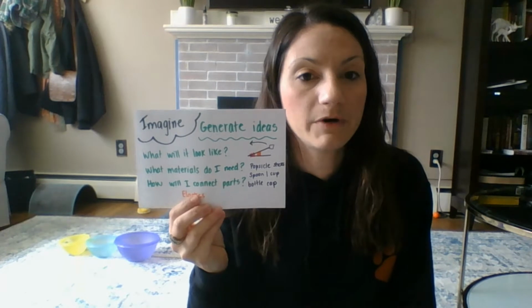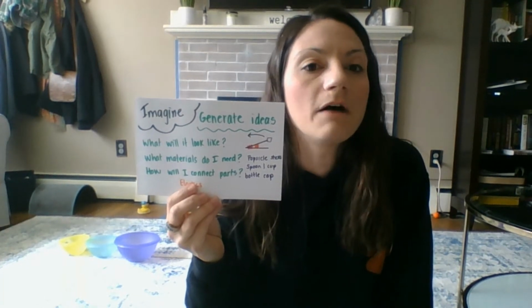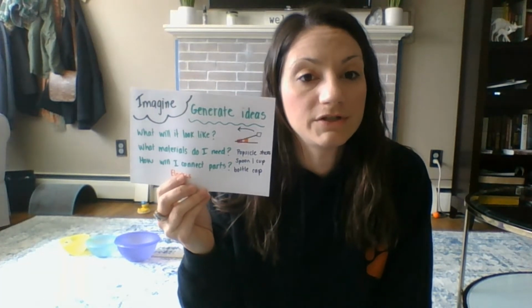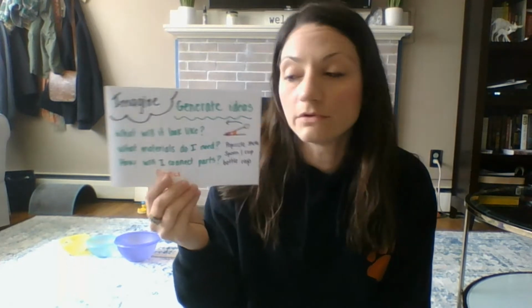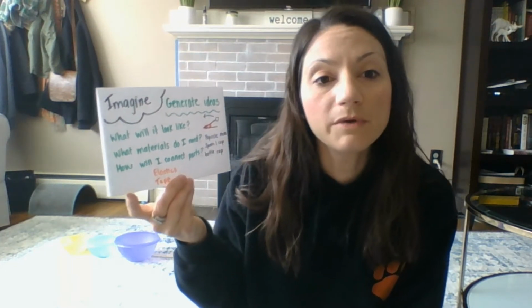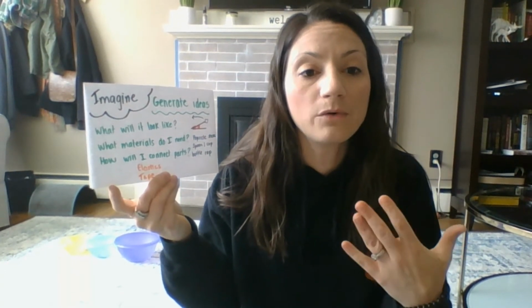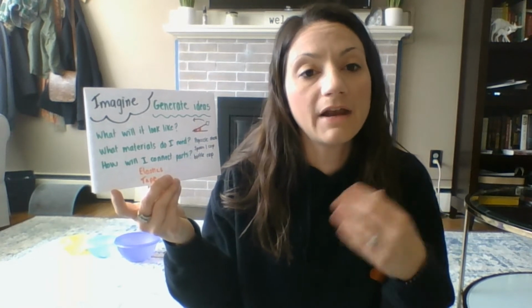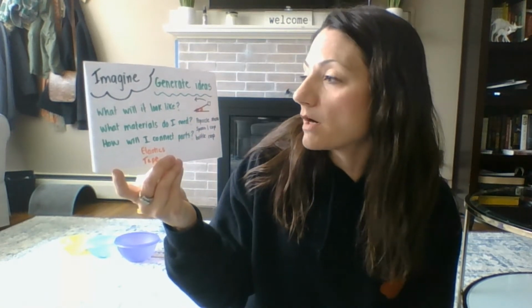So the next step, after we know what our design challenge is, we know what we're trying to build, we're going to start to imagine, and we're going to start to generate ideas or come up with what we want our catapult to look like, how we are going to build it, what materials we are going to need, and then how we are going to put our parts together.